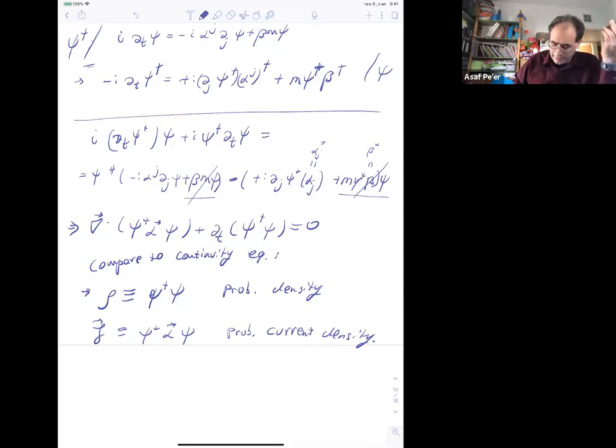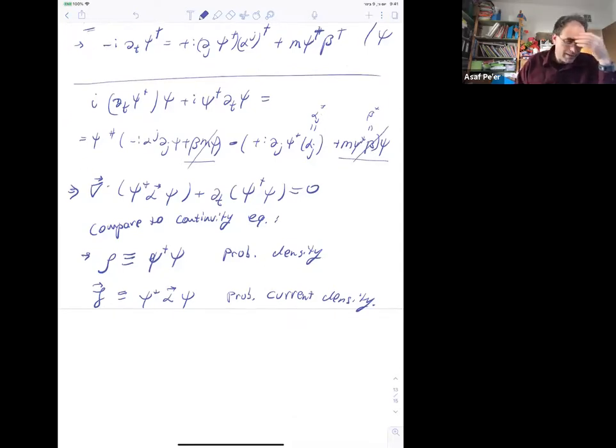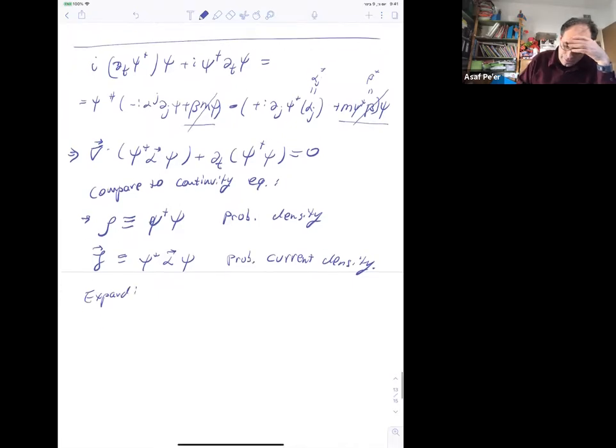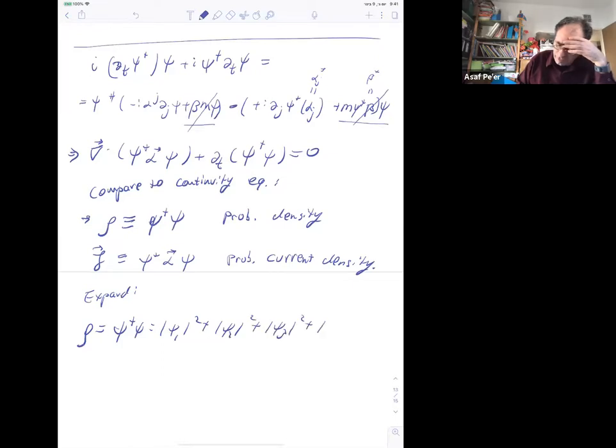Now if we expand, ρ, just ψ†ψ, is just |ψ1|² plus |ψ2|² plus |ψ3|² plus |ψ4|². Of course, this is always greater than 0. Problem solved.